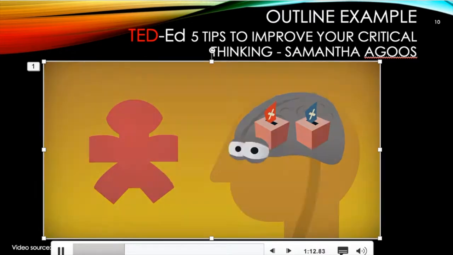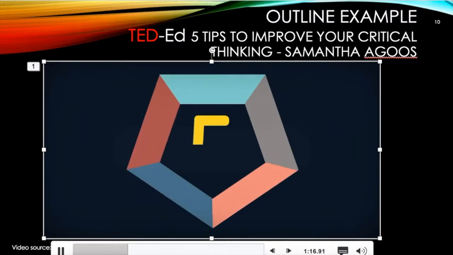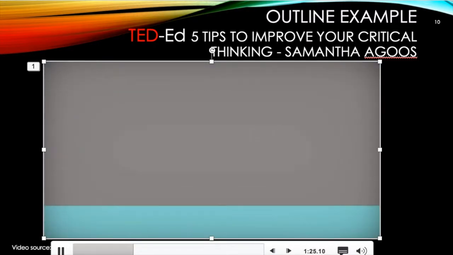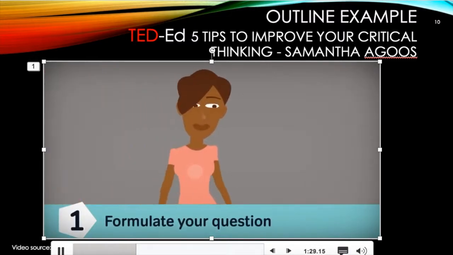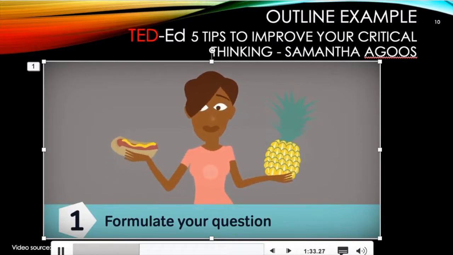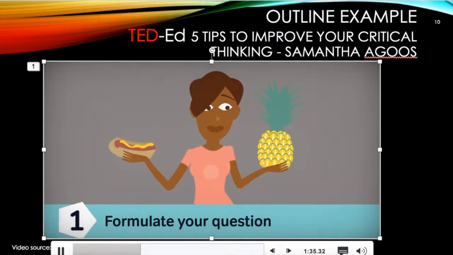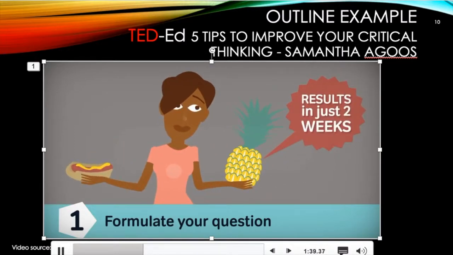There are many different ways of approaching critical thinking, but here's one 5-step process that may help you solve any number of problems. 1. Formulate your question. In other words, know what you're looking for. This isn't always as straightforward as it sounds. For example, if you're deciding whether to try out the newest diet craze, your reasons for doing so may be obscured by other factors, like claims that you'll see results in just 2 weeks.